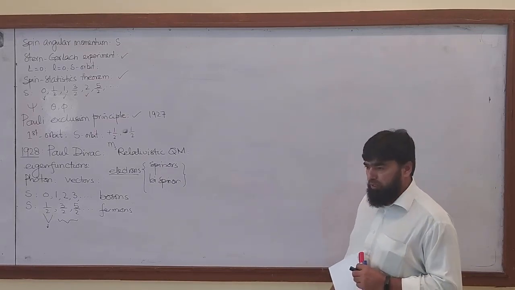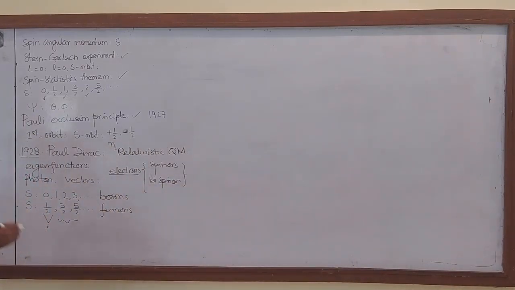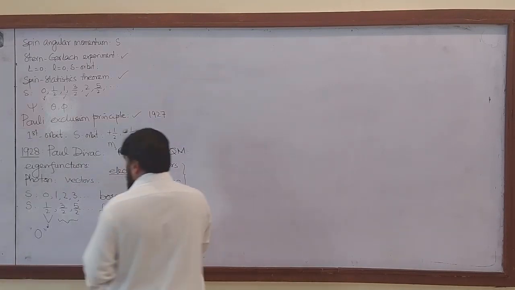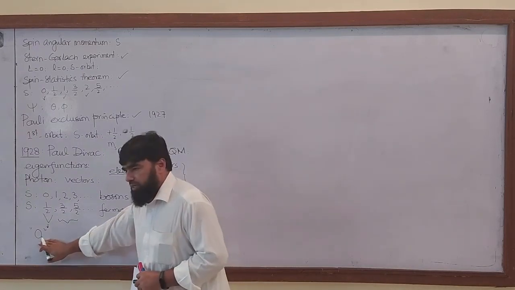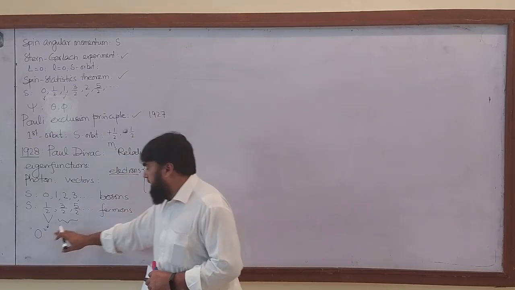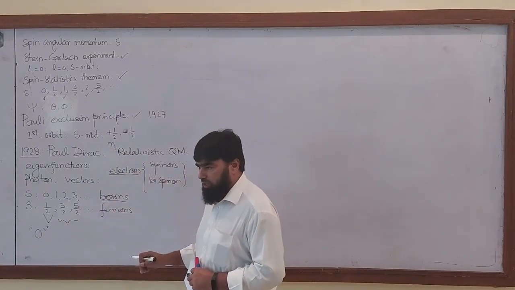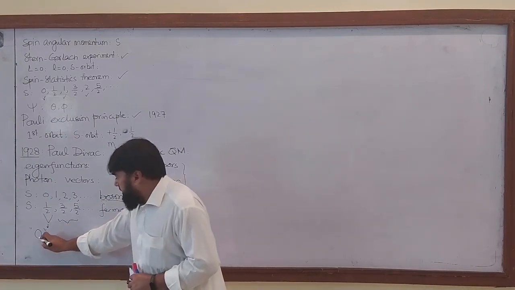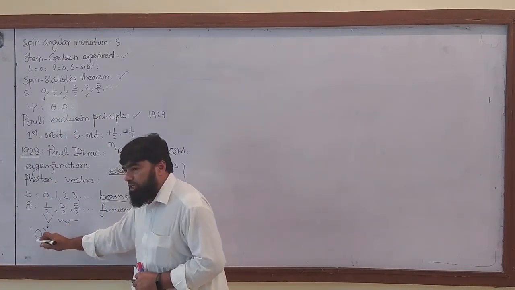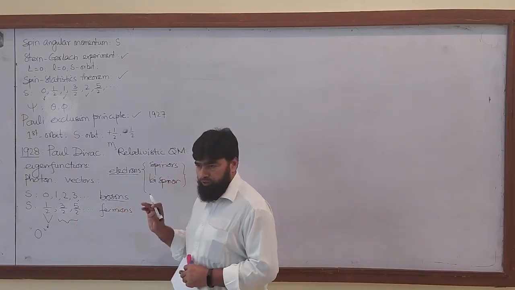It is also possible that a particle which represents itself as a zero spin particle, like a particle which will show itself as a boson, has constituent particles that may be fermions.